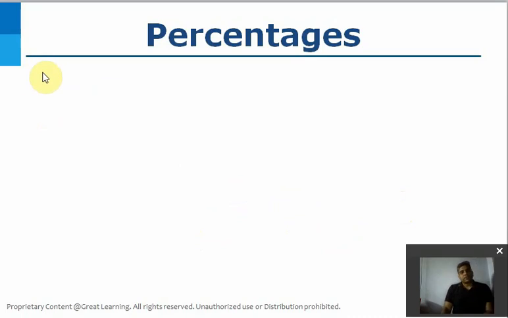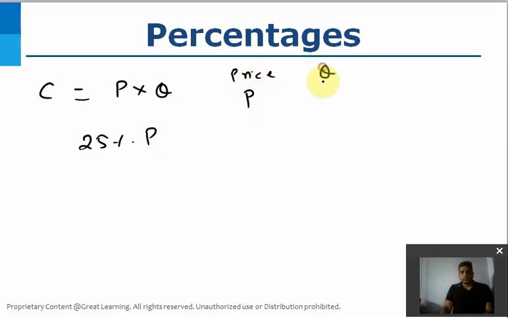Again, we saw that suppose we have a fixed budget, a constant, C equal to P into Q. Suppose P is the price of an item and Q is the quantity, so my budget is PQ.